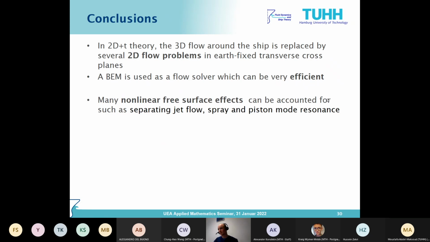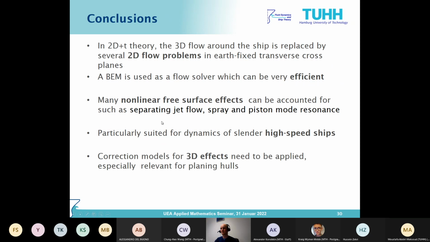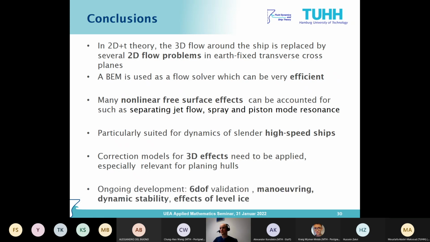There are many nonlinear free surface effects which can be accounted for, such as separating jet flow, spray, and also piston mode resonance phenomena can be reproduced with the flow solver. This method is particularly suited for dynamics of slender, high-speed ships. Correction models for 3D effects need to be applied, and this is especially relevant for planing hulls.